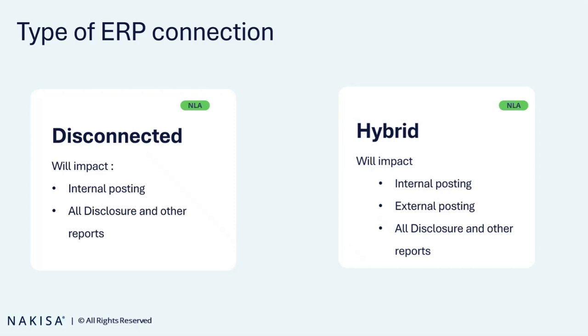The revert functionality, in case of a disconnected system, will revert the internal postings and obviously will have the impact on the disclosure reports and the other reports that we have, like, for example, the periodic posting, the consolidated transaction report, activity reports, and activity analysis report. And in the hybrid mode, it will also impact your external postings. So it'll be used in both.